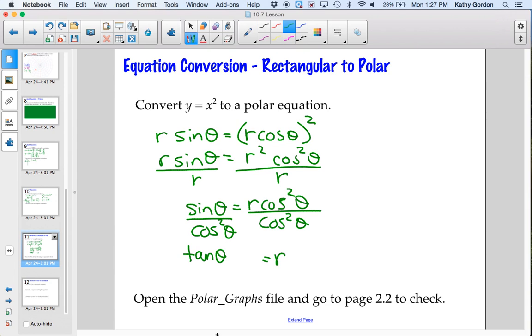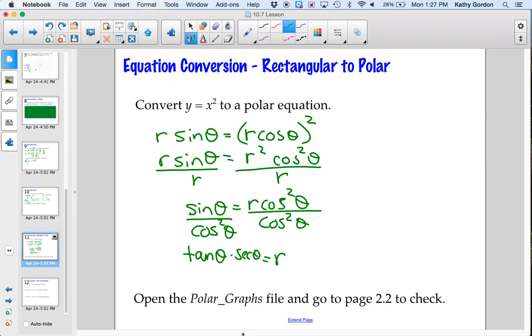If I go with tangent theta, then what's left? Tangent over cosine, tangent times one over cosine. Take that one more step: tangent times one over cosine is secant.